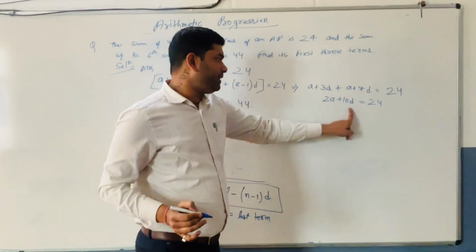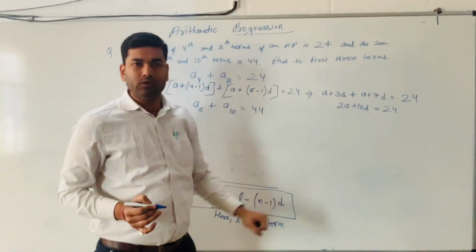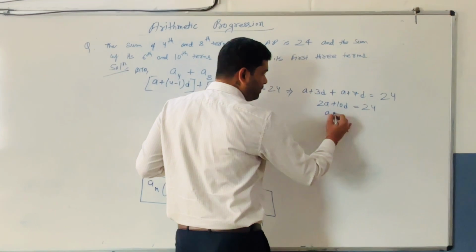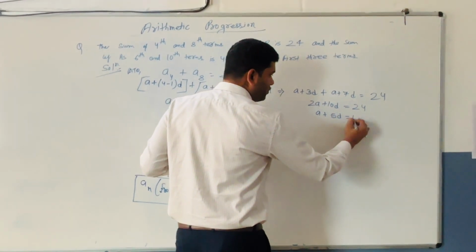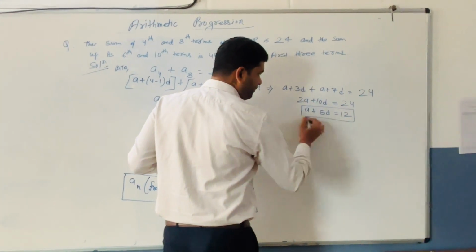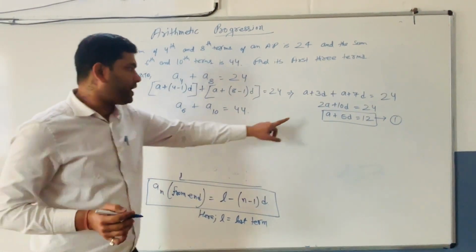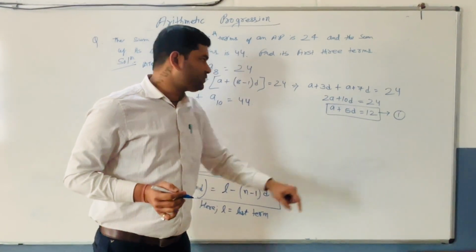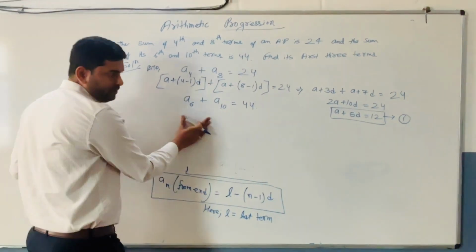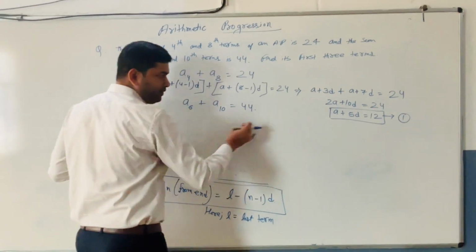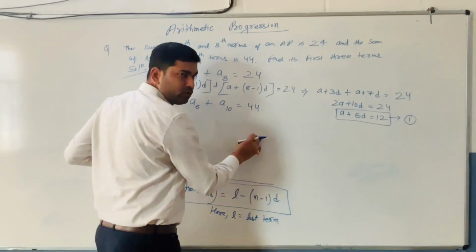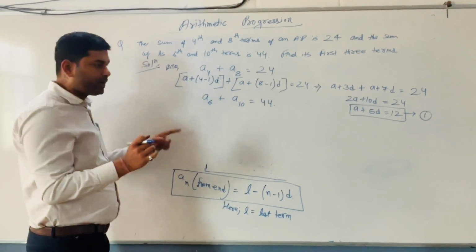We can simplify them by dividing the whole equation by 2. So you will get A plus 5d is equal to 12. This is the simplified form, which we call equation number 1. Now similarly we can solve the other one also, and we will get two variables, two equations, and easily we can solve them and get the answer.